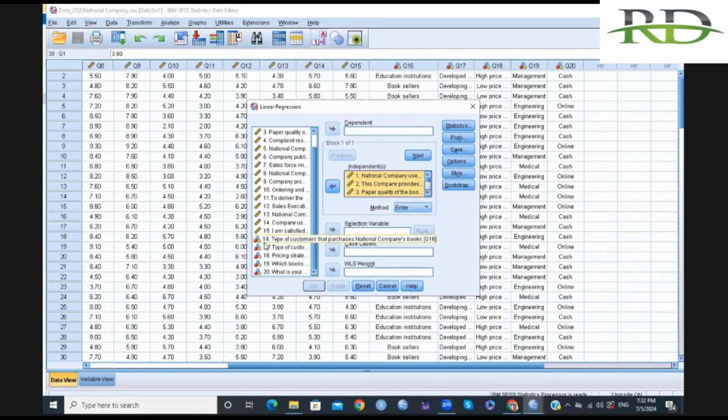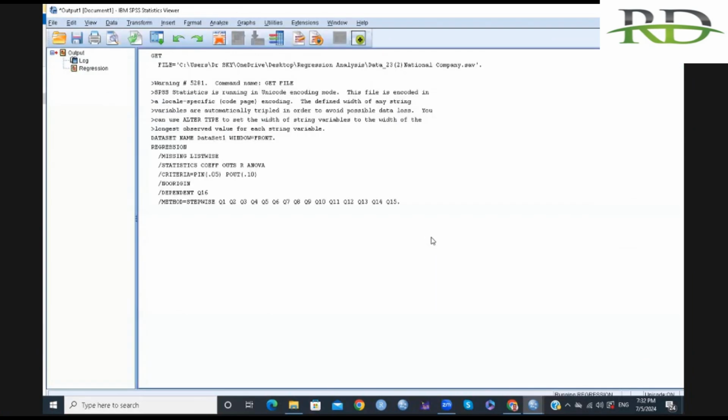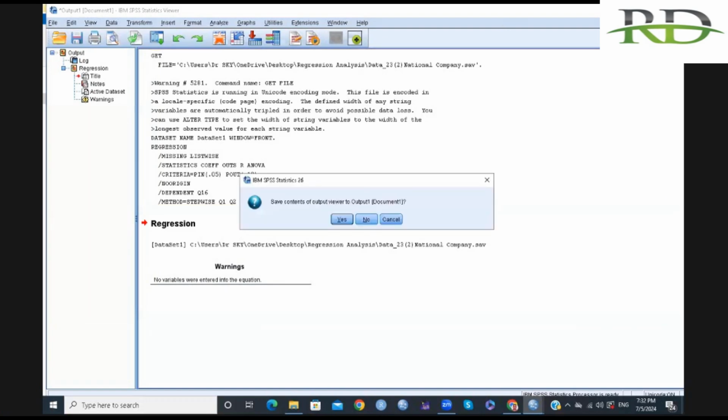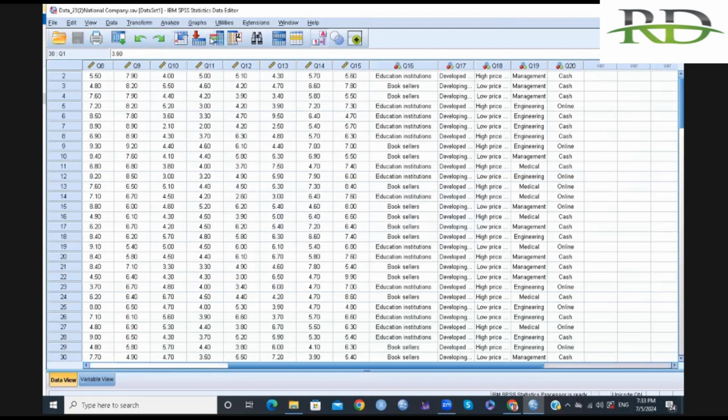Here we have taken one that is categorical, so it is not going to be a very good example, but we still wish to put it and go for the stepwise regression and click on OK. See, the warning is there because we have taken one non-numeric variable. So let us remove it.